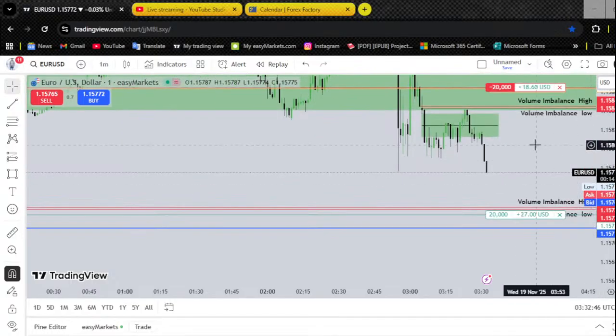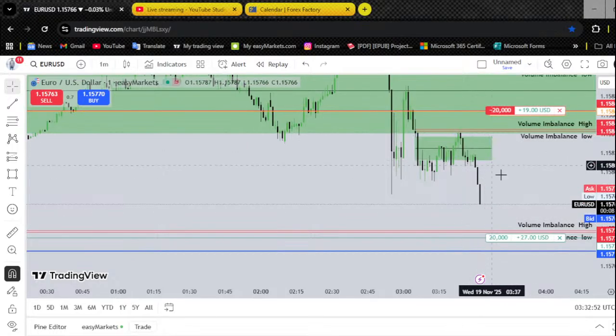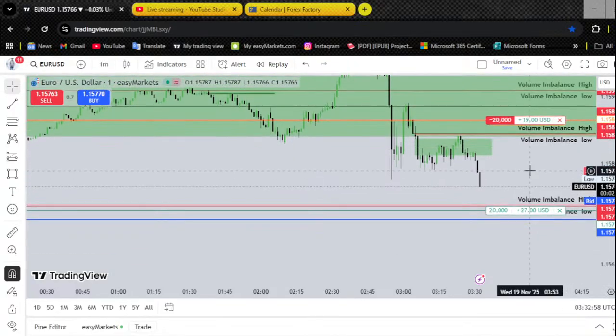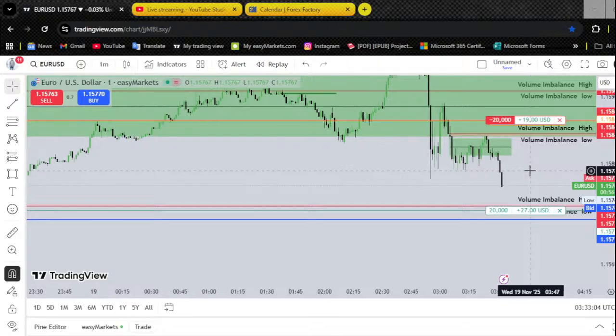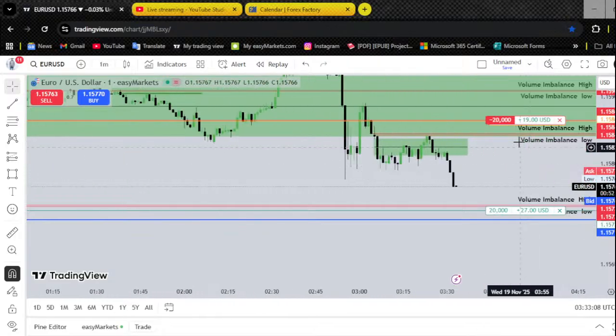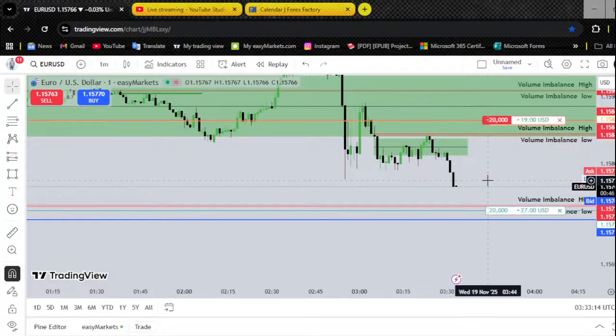The moment it closes there, I'm putting my stop loss here, just on the volume imbalance.